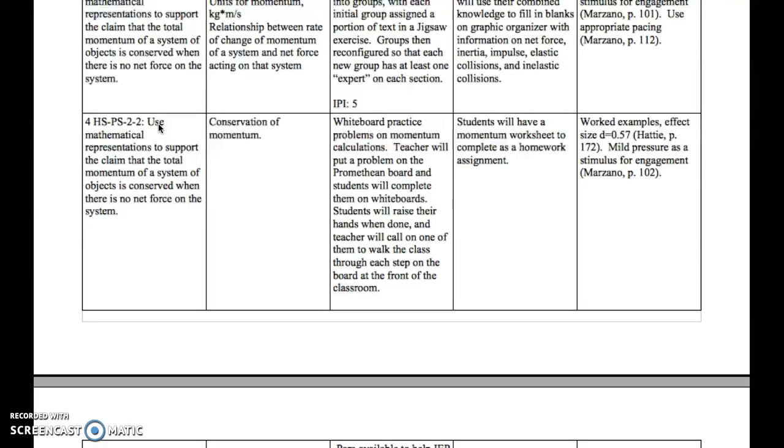So the rationale is worked examples, which Hattie said had an effect size of 0.57, and mild pressure as a stimulus for engagement. I've noticed sometimes when we do whiteboard practice that it's hard to keep students on task.